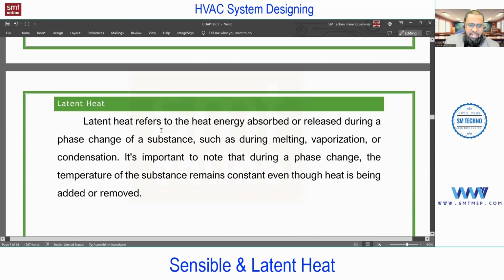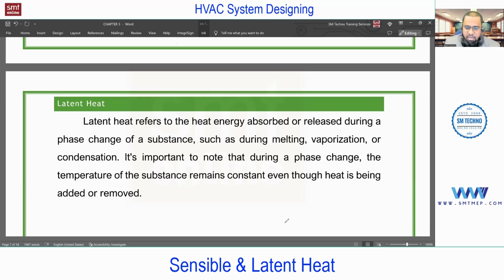Simple. Latent heat refers to the heat energy absorbed or released during a phase change of a substance, such as melting or boiling. For example, consider the same case: a container with water. I'm adding heat. Suppose the initial temperature is 0 degrees centigrade, and it reaches 100 degrees centigrade.